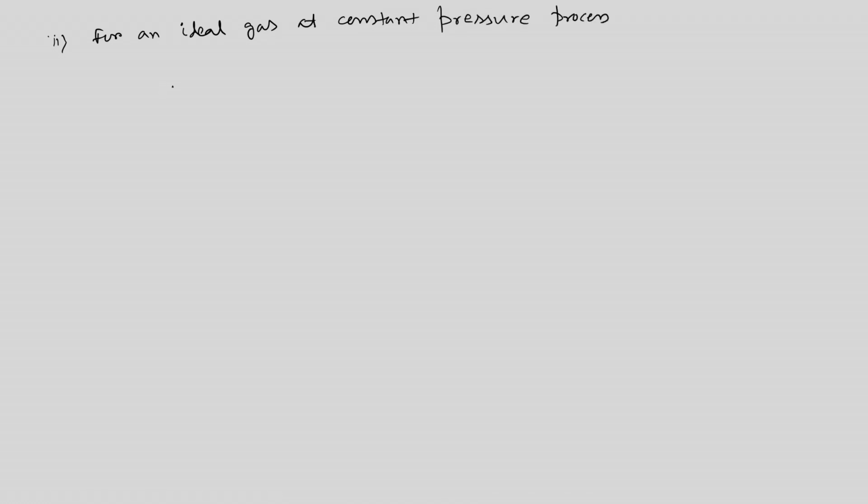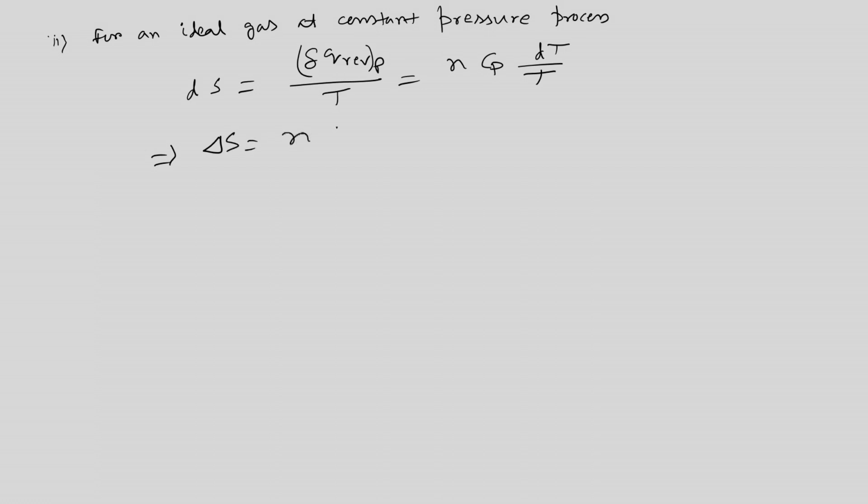So, dS is del Q reversible at constant pressure by T. And this is nothing but n Cp dT by T, right. So, we get delta S is n Cp ln T2 by T1 for n moles, obviously.